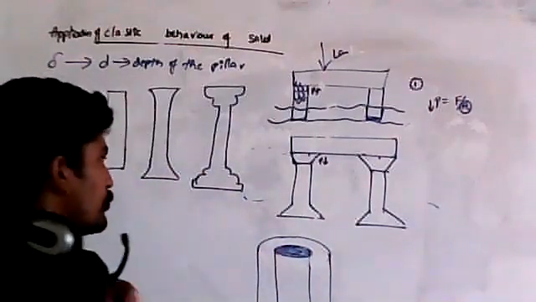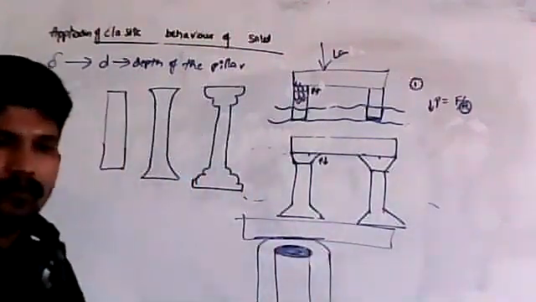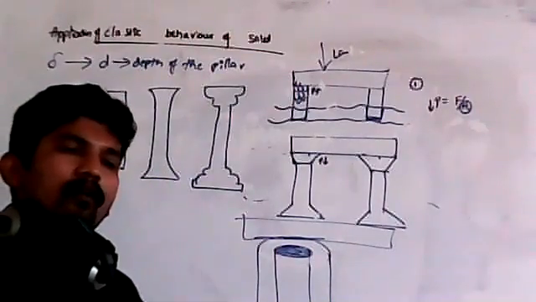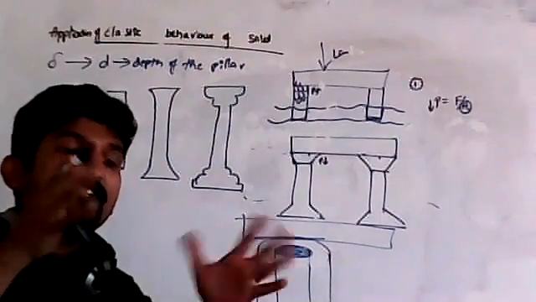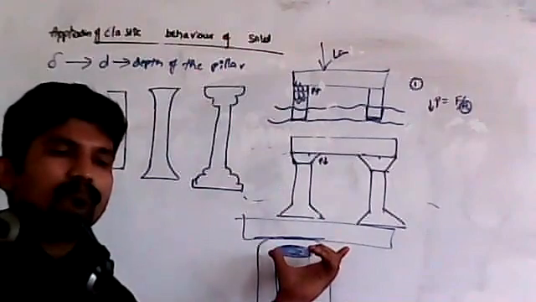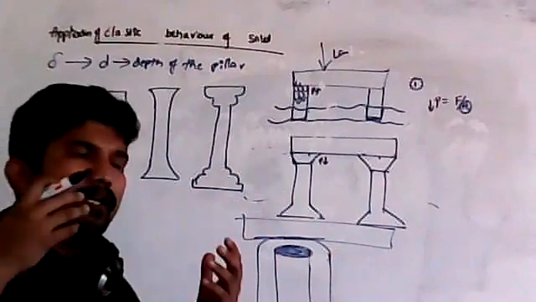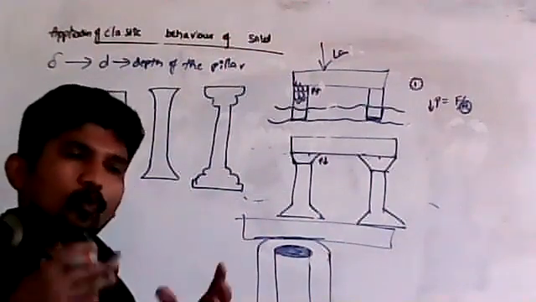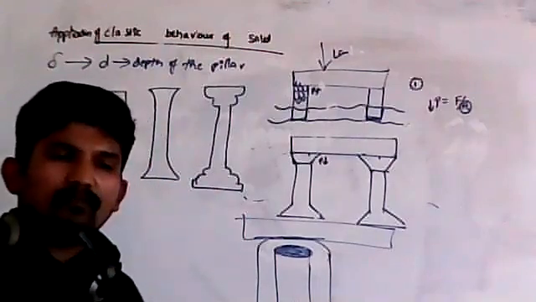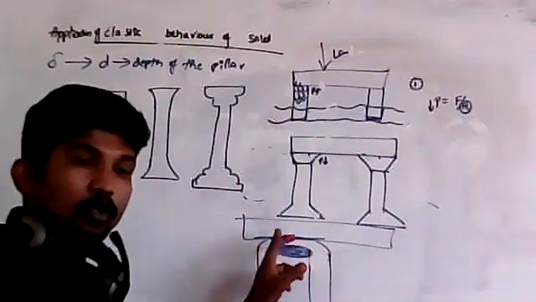Why is it? If I put some load on the bridge, then what will happen students? Remember, due to heavy load, vibrations will be created inside the column. Sometimes in metro or bridges, due to heavy load and heavy traffic, vibration will be created inside the column.